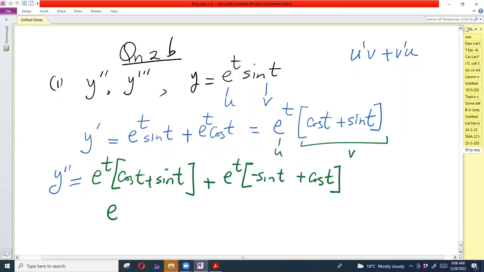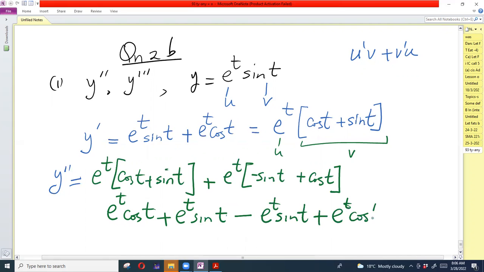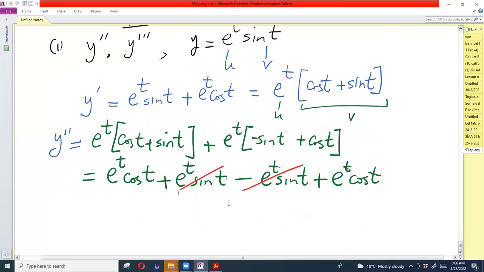Now opening brackets, we have e raised power t cos t plus e raised power t sine t minus e raised power t sine t plus e raised power t cos t. Now you see this term and this term cancel out. So the second derivative will be twice e raised power t cosine of t.